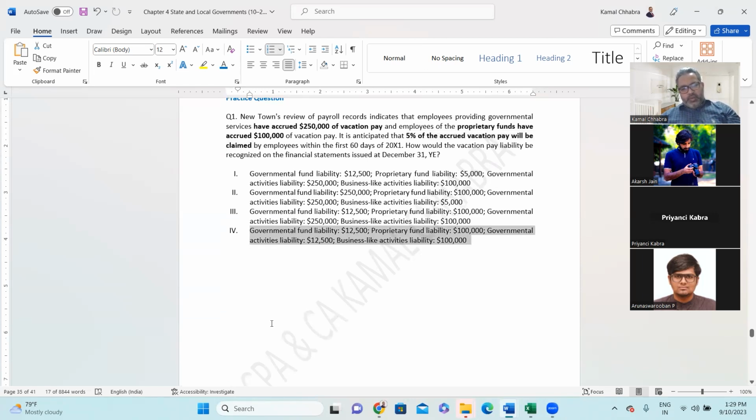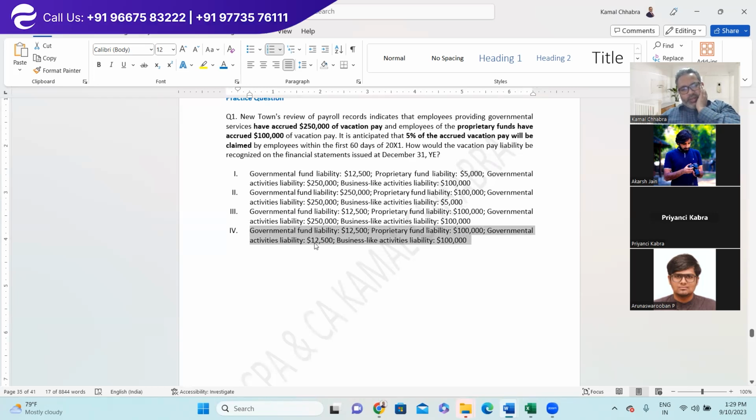Here they are saying the governmental fund liability will be 12,500, which is expected to be payable in the next 60 days. Proprietary fund liability is $100,000. Governmental activity liability is 12,500, and business-like activity will be $100,000. One second, this is getting a bit confusing.